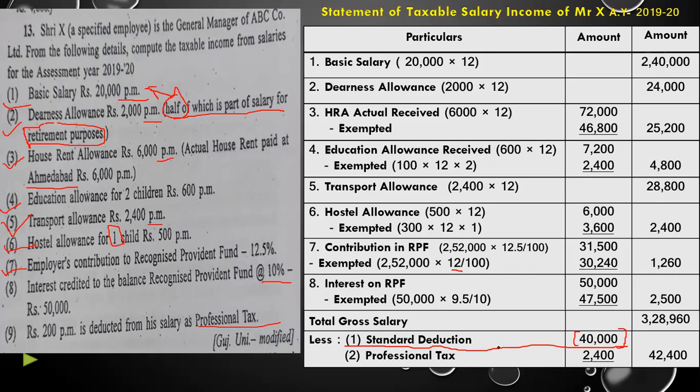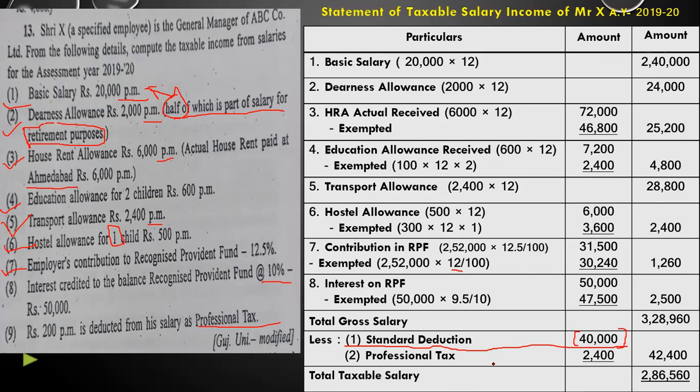And professional tax, if any professional tax is given, we will add. If there is no professional tax, we will not calculate it. So professional tax 2,400, so it is 42,400 we will deduct from the gross salary, and then we'll get the net total taxable salary, and that is 2,86,560. Okay.